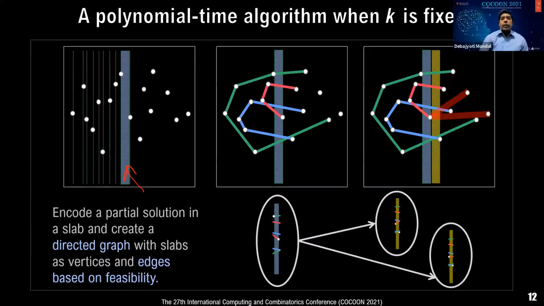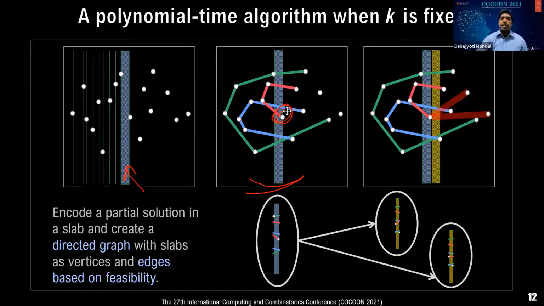In this case, you can encode the whole status using an encoding where you only think of what are the top and bottom edges for each convex set. Now that gives you a configuration, as you can see, as a vertex. And now you can think of this vertex and how you can extend it.